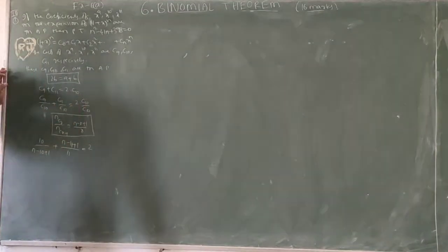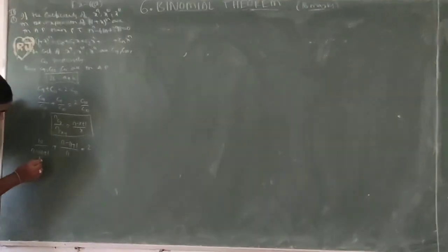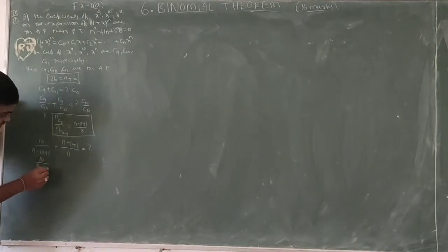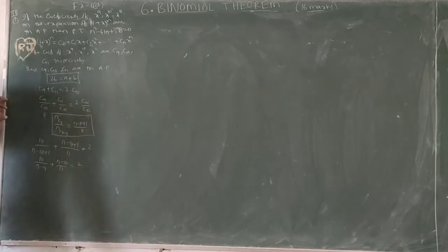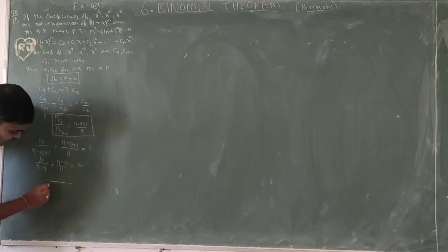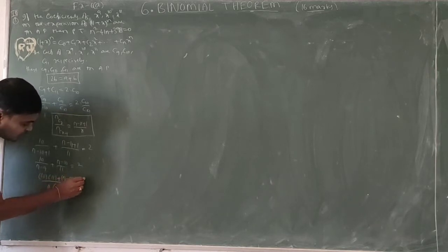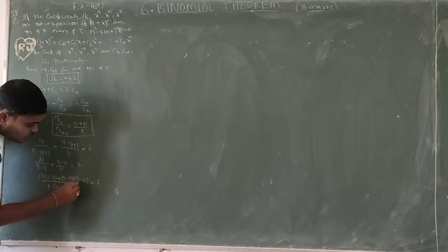So 10 by (n minus 9) plus (n minus 10) by 11 equal to 2. Taking LCM, 11 of (n minus 9) equal to 10 into 11 plus (n minus 9) into (n minus 10), which is equal to 2.